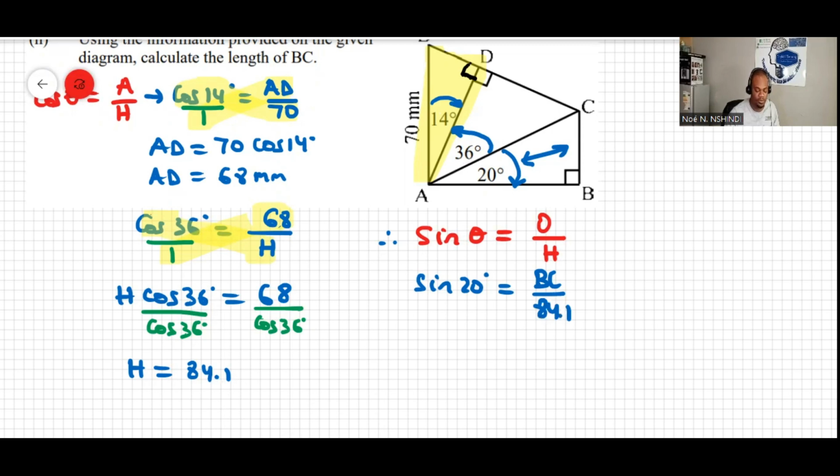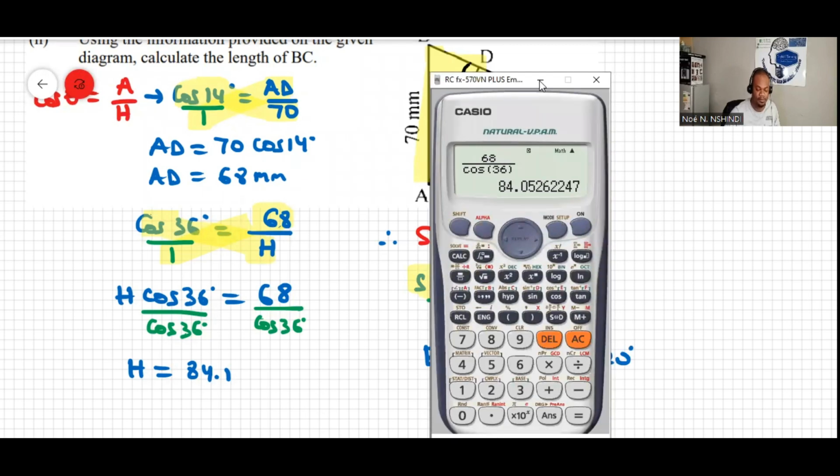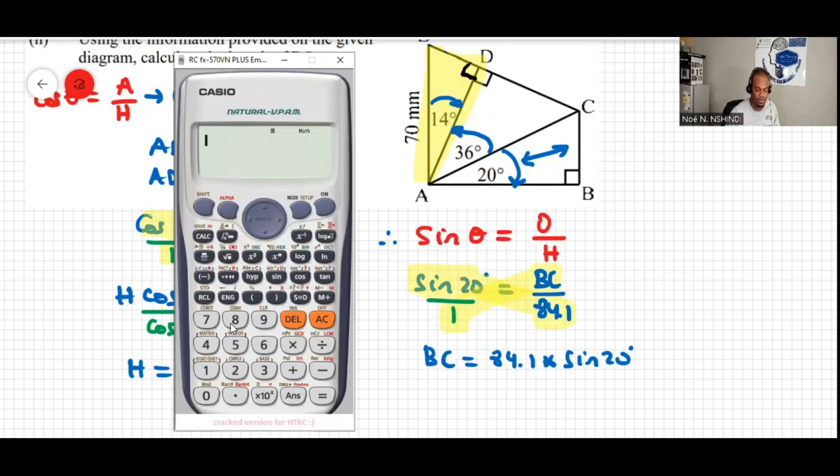Now the denominator has 1 over here, and then we can cross multiply, 1 times BC, and 84.1 times 1 times sine 20. So that makes BC equal to 84.1 multiplied by sine of 20 degrees. Now we can use our calculator again. 84.1 multiplied by sine 20, and then hit equal.